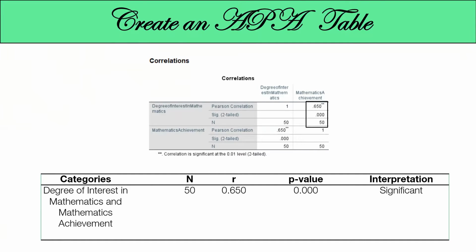Now, based on those values, we can create an APA table with 5 columns, which are category, N, r, p-value, and interpretation. Your N is 50, your r is 0.650, your p-value is 0.000, and your interpretation, since p is less than 0.05, is significant.